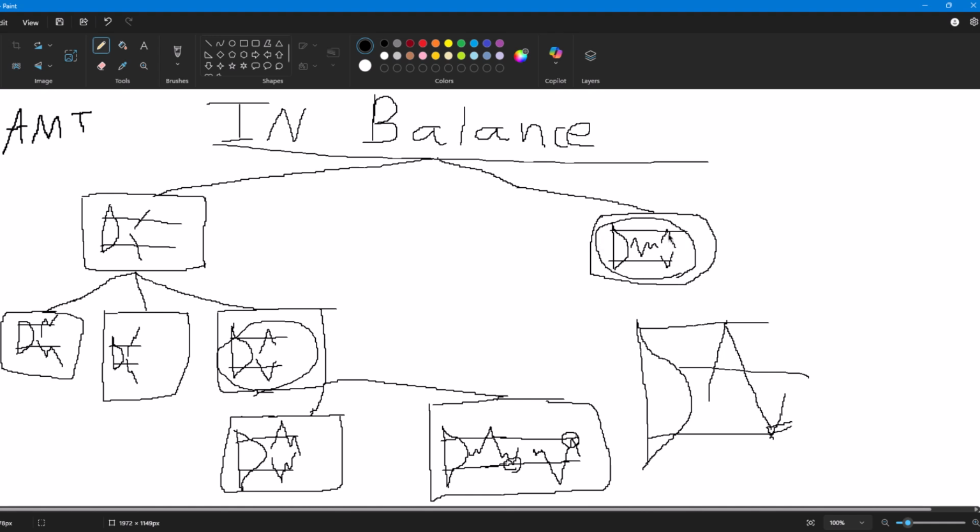We want to be taking longs on the lows, shorts on the highs, and right here we get a rebid on these, or you could say retest, whatever, same thing, at this zone, and that's where you want to short because you're in the balance mindset.